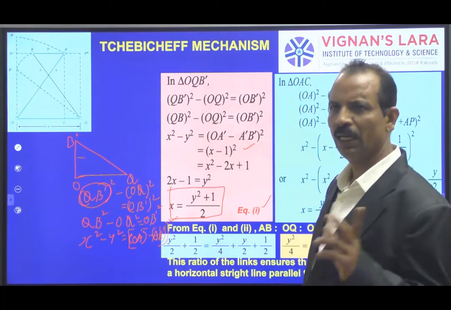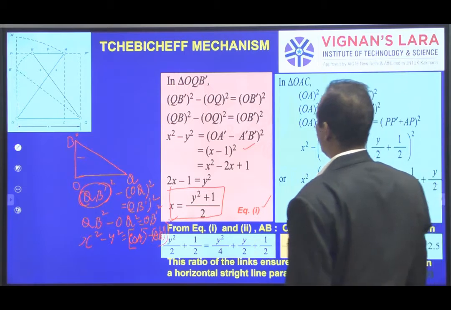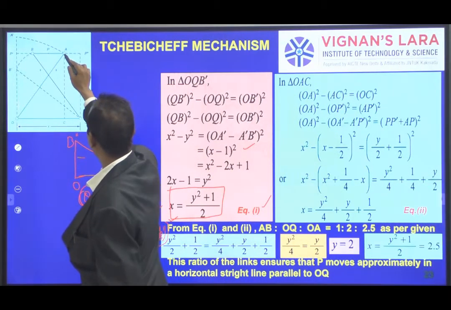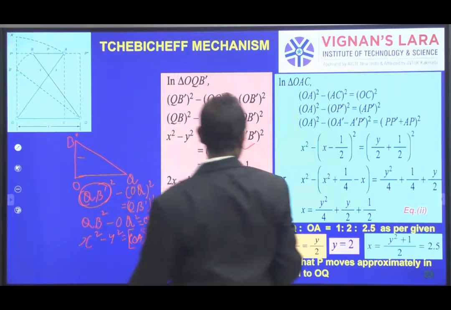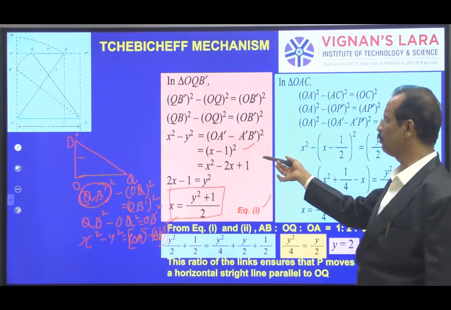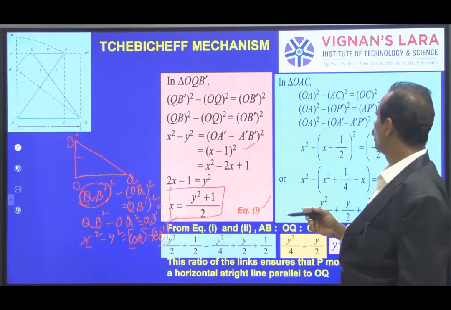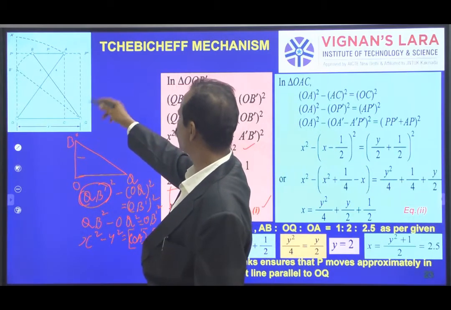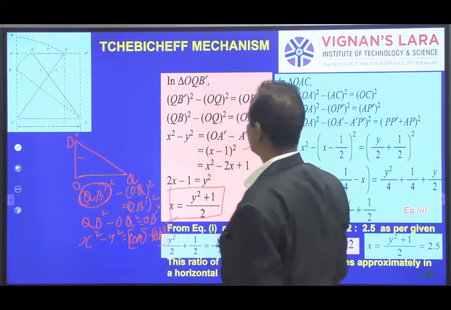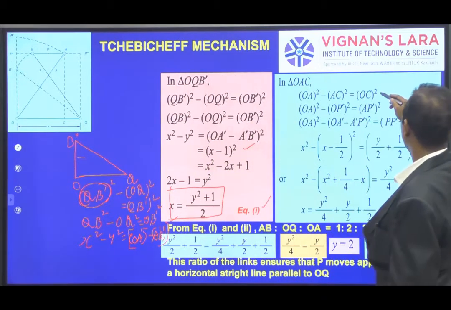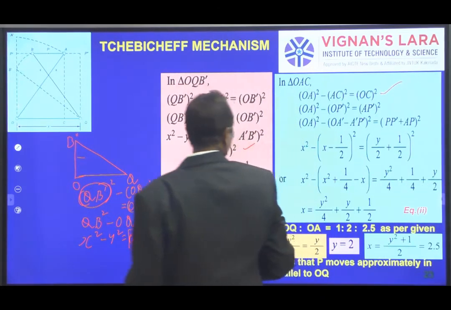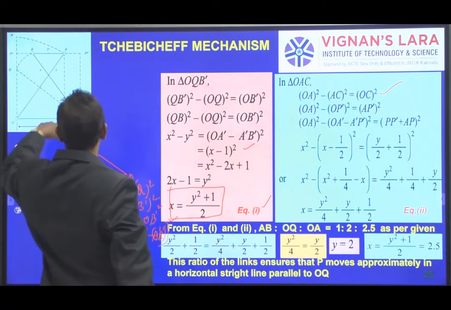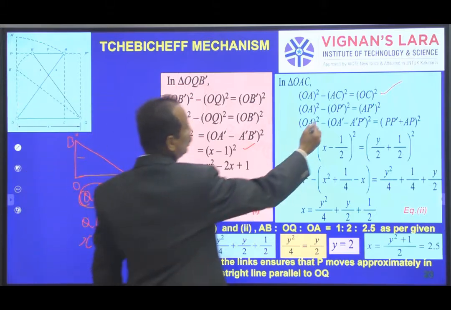Then let us take another right angle triangle, that is OAC. So simple mathematics once again, in a similar manner as I did here. I have written the hypotenuse OA square minus AC square is equal to OC square. Then OA square, AC, what is AC? AC is nothing but OP dash.